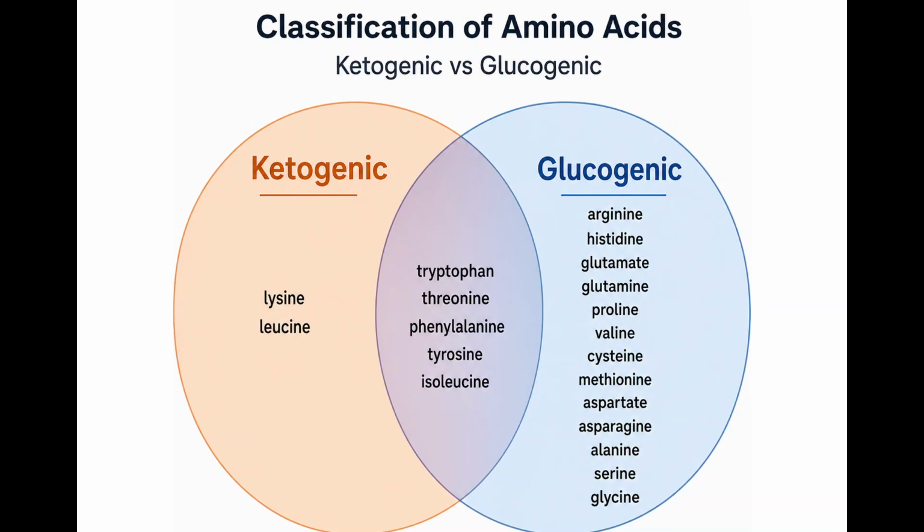We learn from this that most of the amino acids, except two, will give rise to glucose. That's why, in times of hunger or fasting, we need those amino acids as a source of glucose. That's why, in the diet, they always talk to you about muscle wasting, because the amino acids can give rise to glucose if you don't have enough energy in your body.